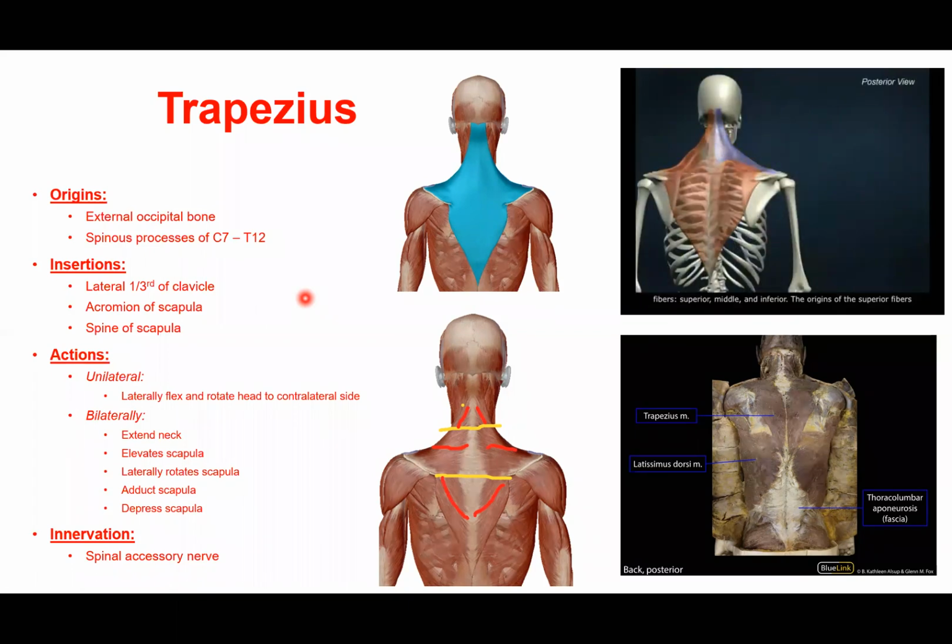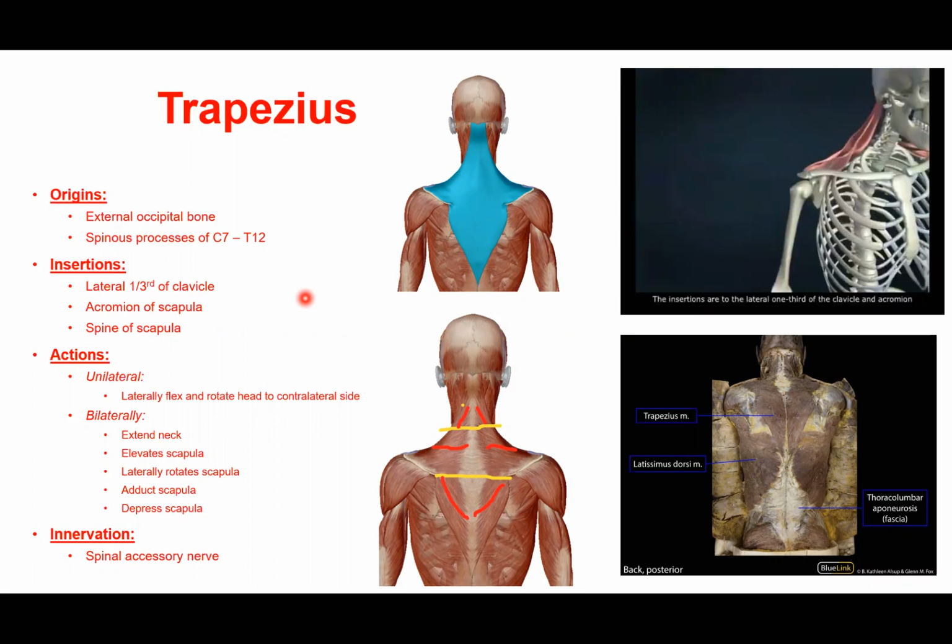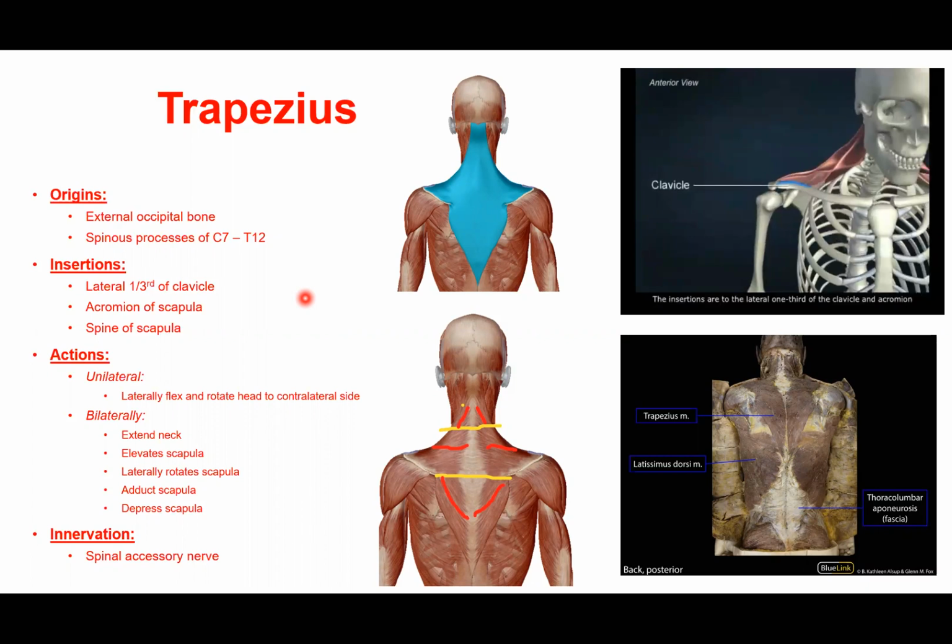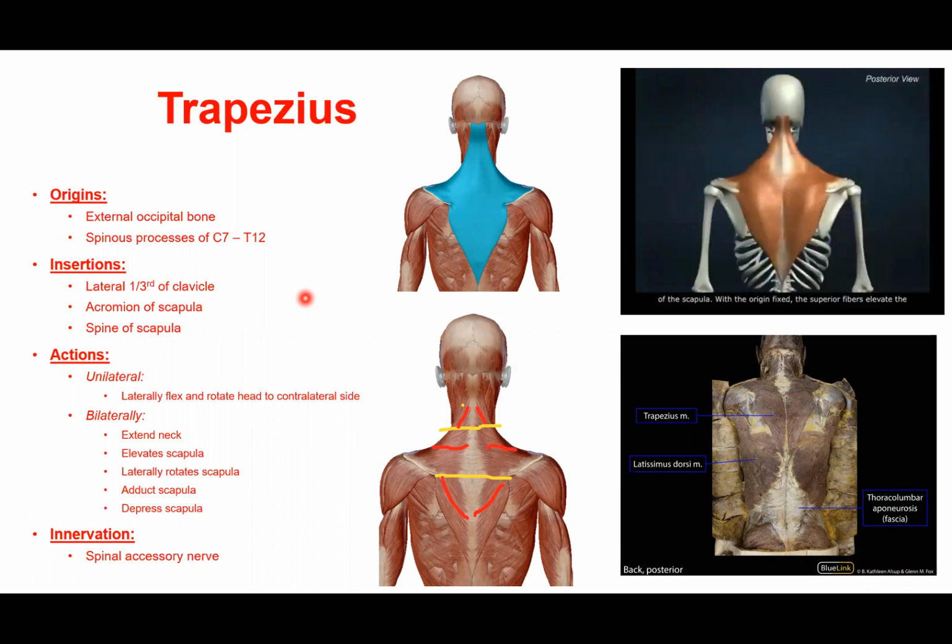The origins of the superior fibers are from the external occipital protuberance, the superior nuchal line, the ligamentum nuchae, and the spinous process of vertebrae C7. The insertions are to the lateral 1/3 of the clavicle and acromion of the scapula. With the origin fixed, the superior fibers elevate the scapula, gliding it toward the skull.